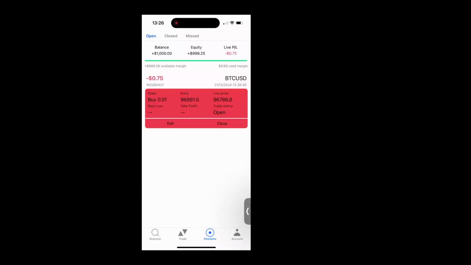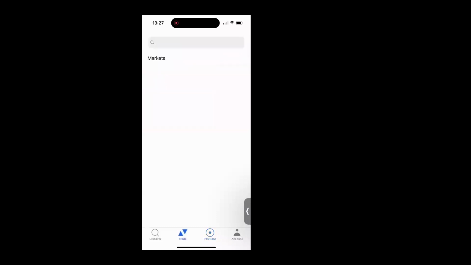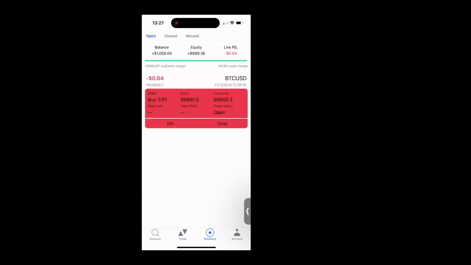When you do a copy trade, it will flag. All your copy trades will be here on the positions tab. Right now, this is my own manual trade, so there's no mention of a signal provider. But if this was a copy trade, it would say Holy Grail at the top right there. Like you said, all the trades will be listed there.